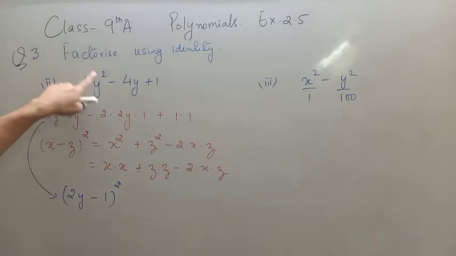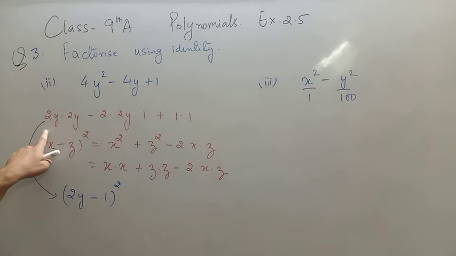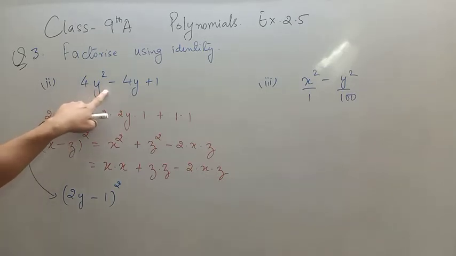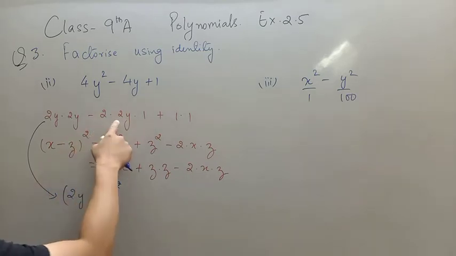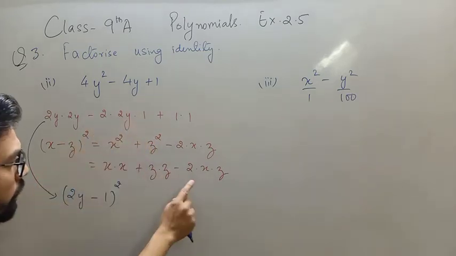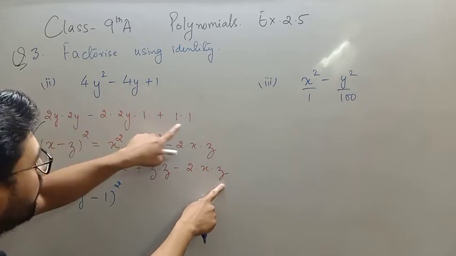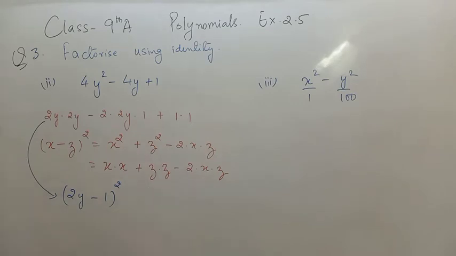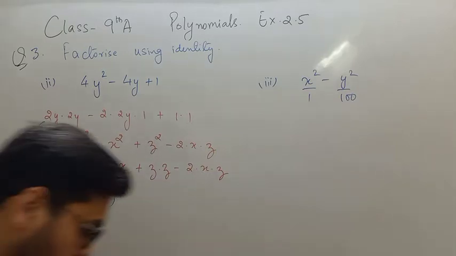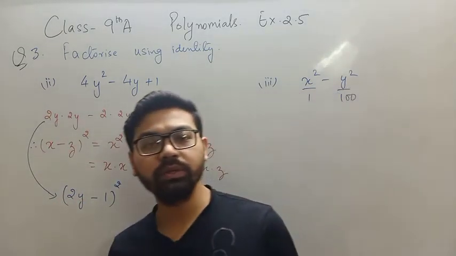So 4y square minus 4y plus 1 can be written as 2y into 2y, 2 twos are 4, y into y is y square, minus 4y can be segregated like this, 2 into 2y into 1, in place of x I have 2y, in place of z I have 1, and plus 1 square, that is 1 into 1. So I have used this identity, a minus b whole square, and the formula is a square plus b square minus 2ab.